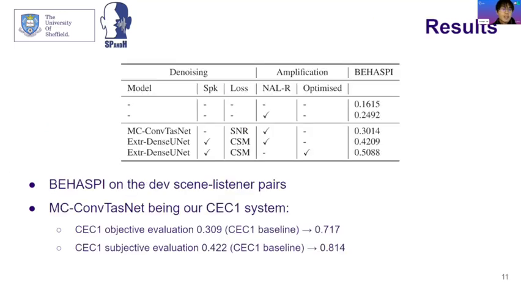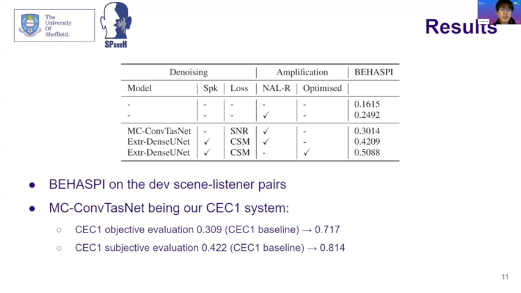So here are some objective evaluation results on the development set. The MC-Conv-TasNet is our CAD1 system that performed pretty well in both objective and subjective evaluation in CAD1. However, it provides only limited improvement over the NAL baseline, which kind of shows the difficulty of CAD2.